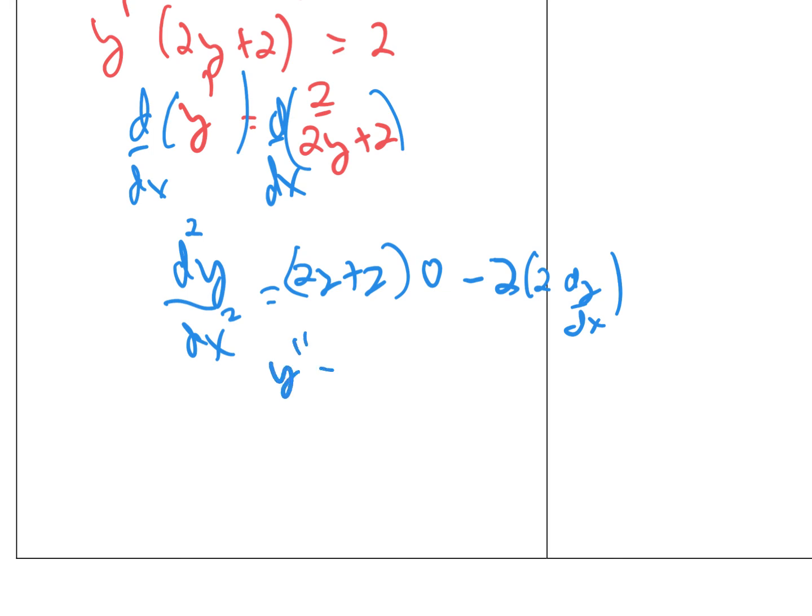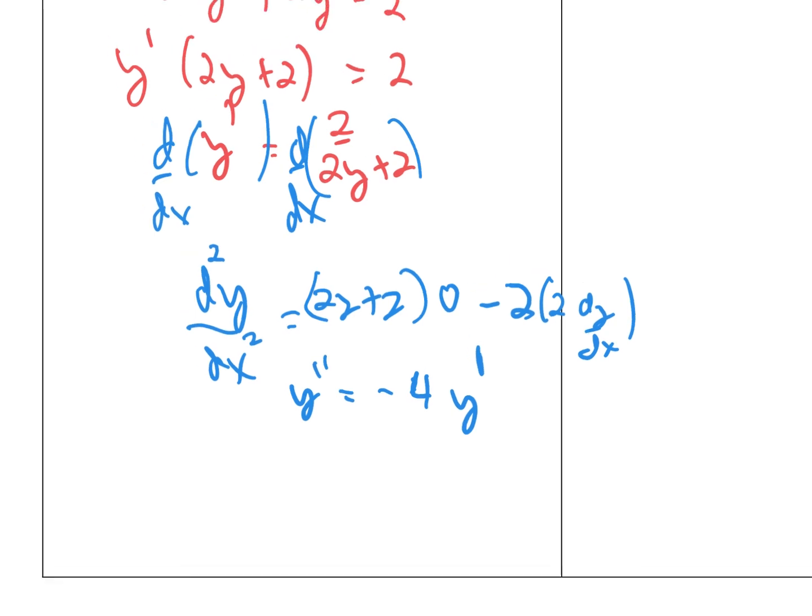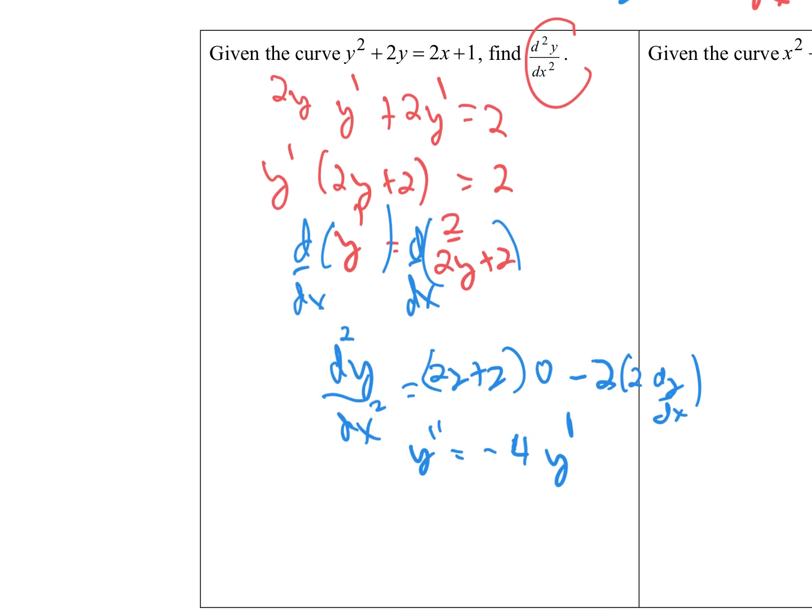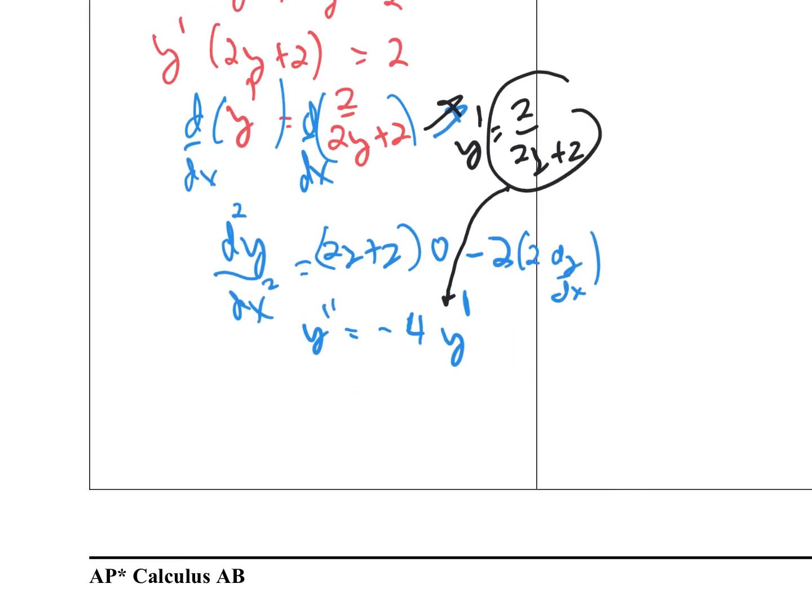Your y double prime is equal to 0 minus 2 times 2, which is 4 y prime. But you can't leave a y prime and a y double prime in the same problem. So you have to take the answer I had right here, y prime equals 2 over 2y plus 2, and substitute that in.